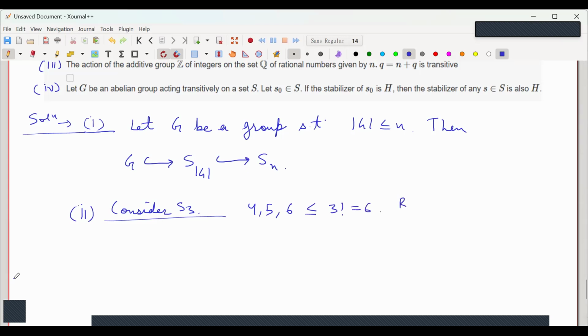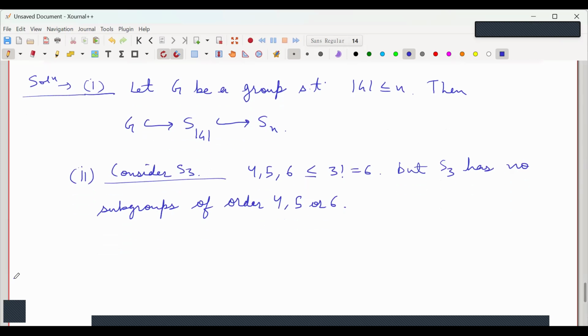But S3 has no subgroups of order 4, 5, or 6, right? Correct?